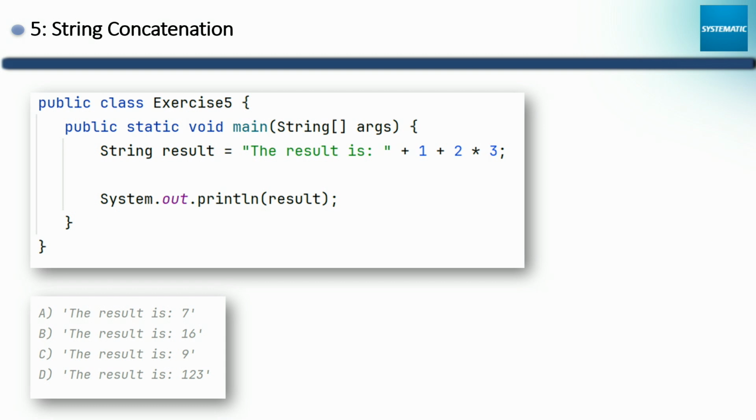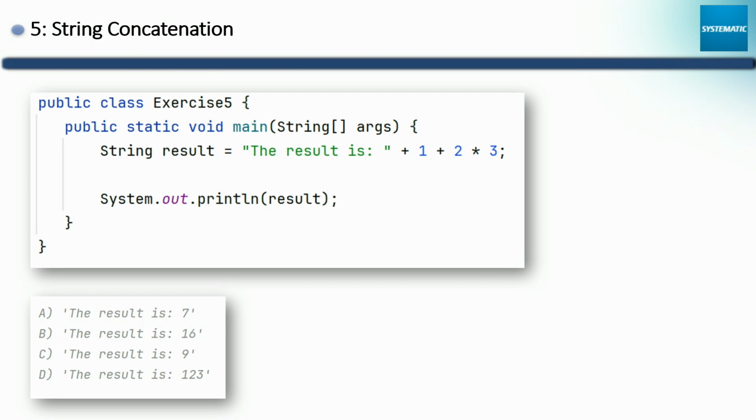You know that Java supports string concatenation by using the plus operator, but operator precedence is critical to understand so that we can avoid unexpected results. In this example, we have something like "the result is " + 1 + 2 * 3, and we simply try to display that result variable.